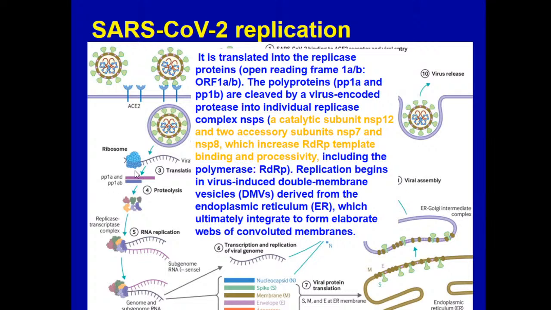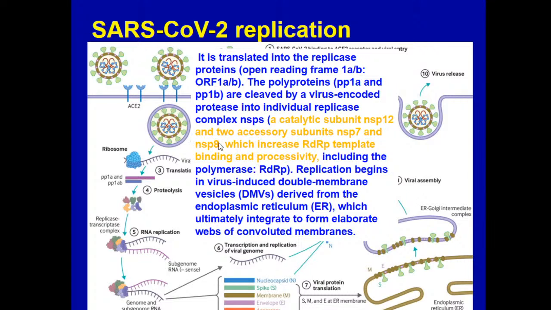Those are supposed to be cleaved by a viral encoded protease. This is proteolysis, and you can see that those peptides are cleaved into several proteins. These are non-structural proteins, because they are not incorporated into the virion, and they are produced as soon as the viral genome is released into the cell.